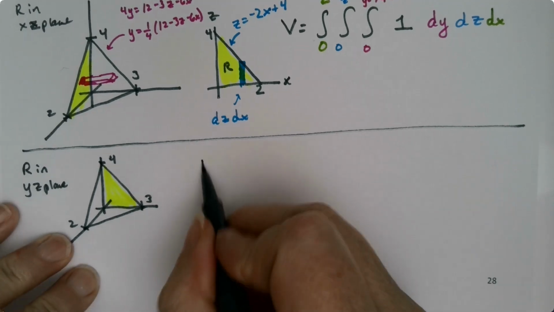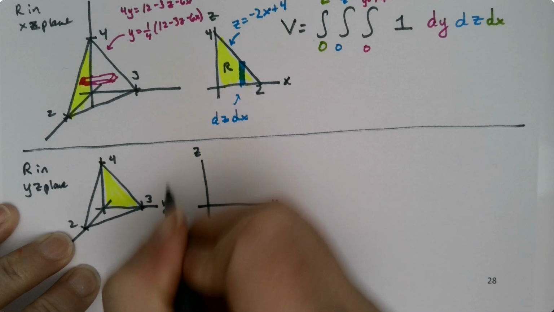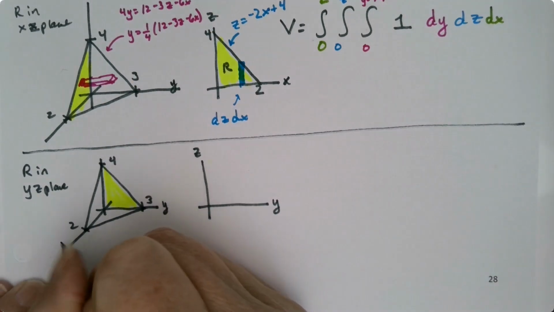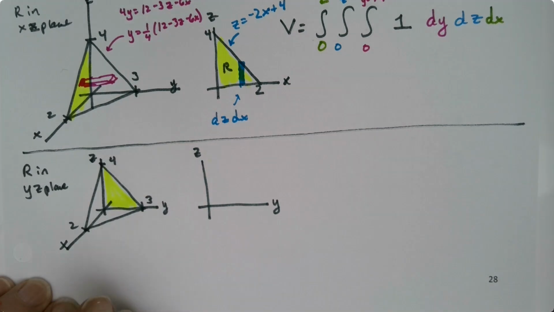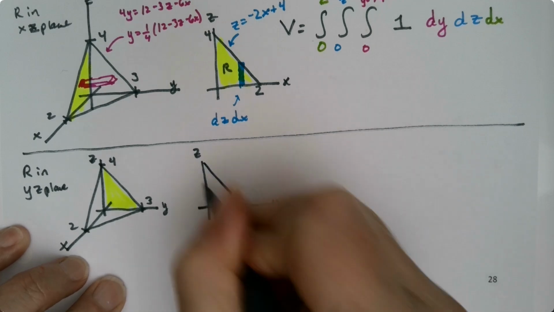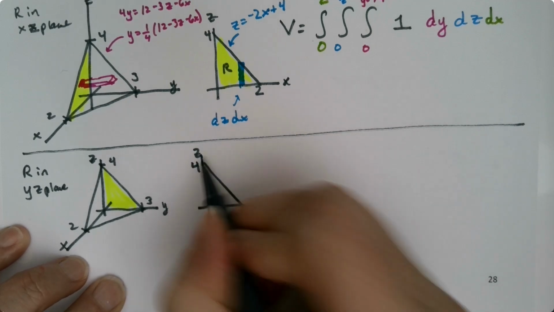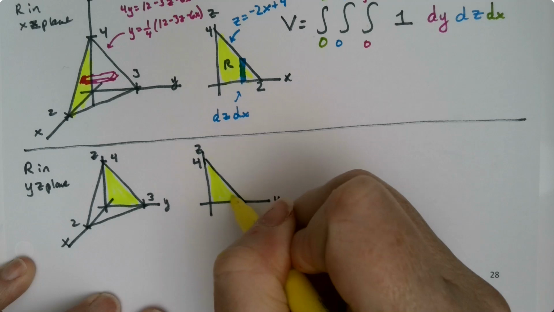So when I draw this, this is the y-axis. This is the z-axis. Right? This is the x. This is the z. Right? So 4 and 3. 3, 4. That's where it's hitting. So this is our region of integration right here.